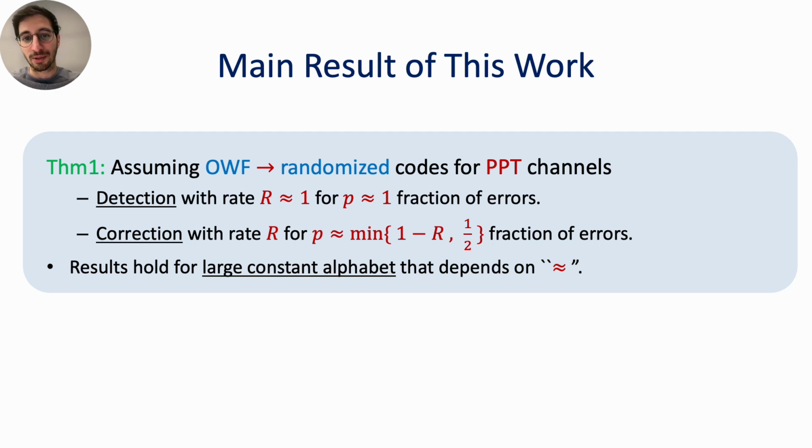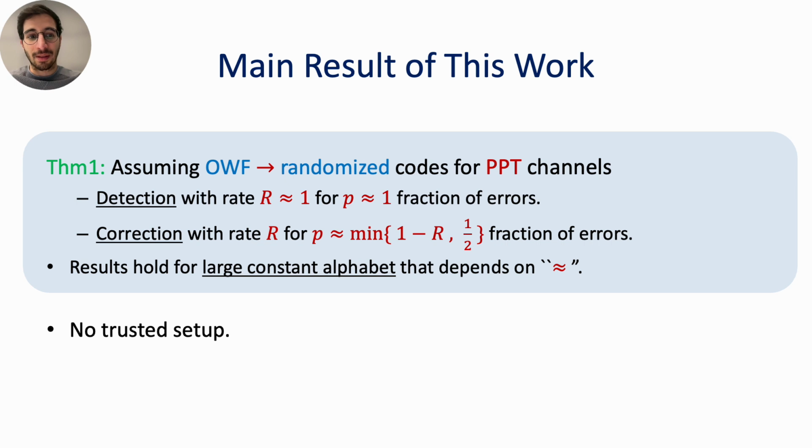So if you want P to be as close as possible to 1 minus R, then the alphabet will grow accordingly. Otherwise, you can choose the constant in the alphabet size to be small. But it can be 2, for example.